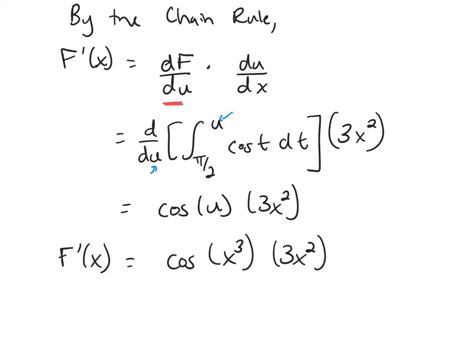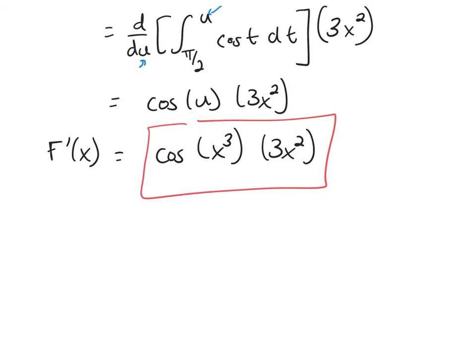So here's my derivative: cosine of x cubed times 3x squared. Remember, what we had before was the integral from pi over 2 to x cubed of cosine t dt. So basically, you plug in this x cubed in place of t, but you have to multiply by the derivative of x cubed.